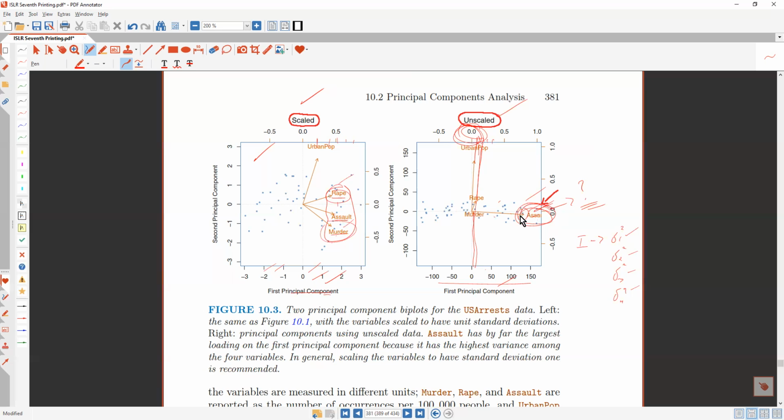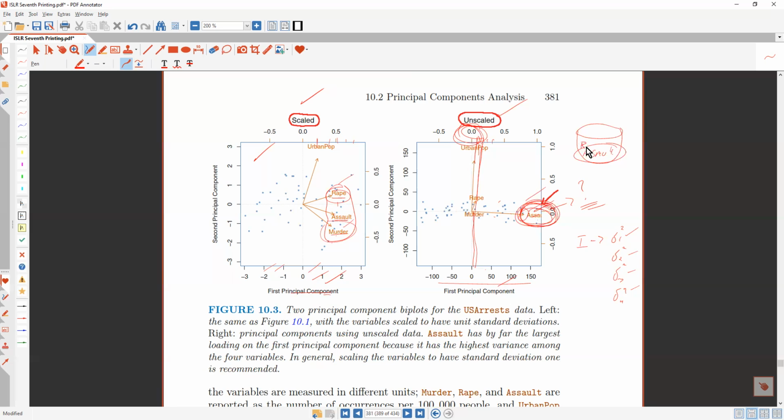And it just so happens that this particular ingredient in the bowl, assault, has a high variance. So in other words, it's contributing a lot to the solution, right?